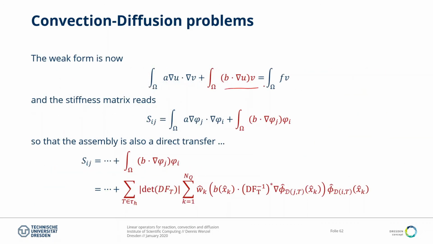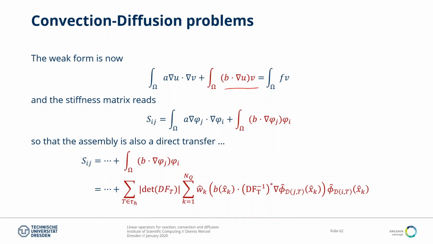That is just a straightforward transfer. You don't need partial integration, however you could do it. So there are also ways to partially integrate this. That's not necessary here, but could be done. And then you insert your basis functions and so on.